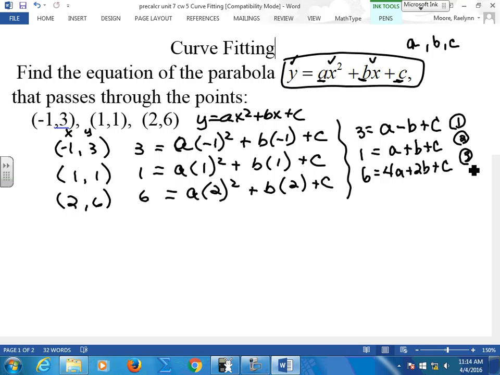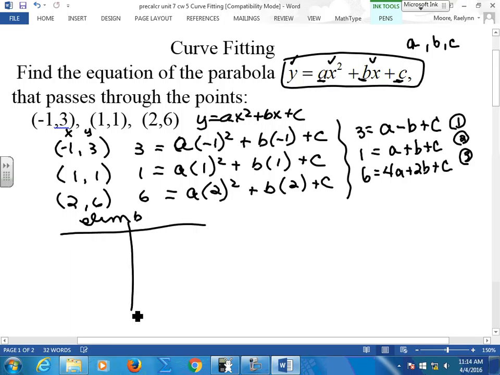And then maybe from 1 and 3 also eliminate b? Wouldn't that be the easiest one so far? So we're going to eliminate b. We've got to do it twice. So we're going to take equations 1 and 3. Let's do 1 and 2, sorry, 1 and 2. And then 1 and 3.